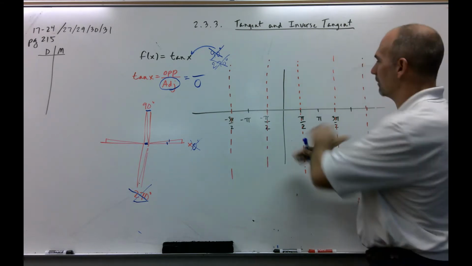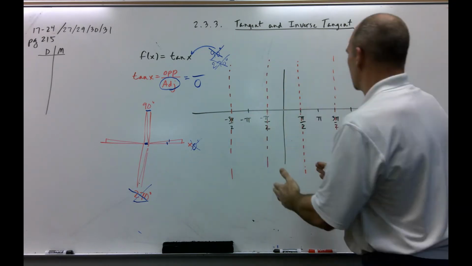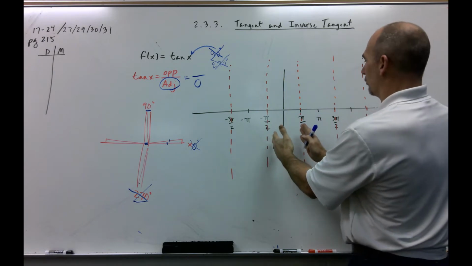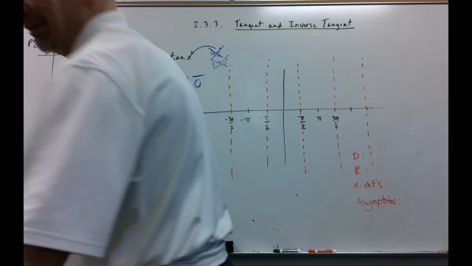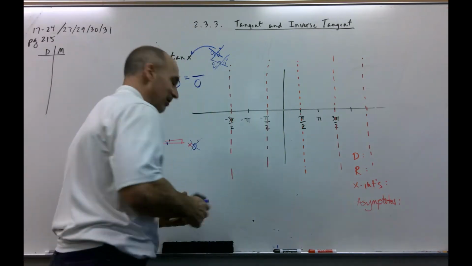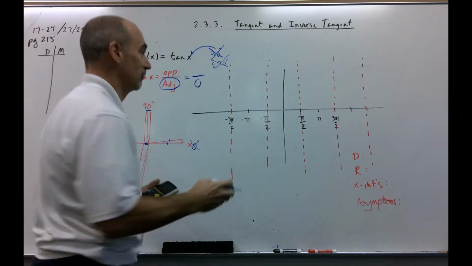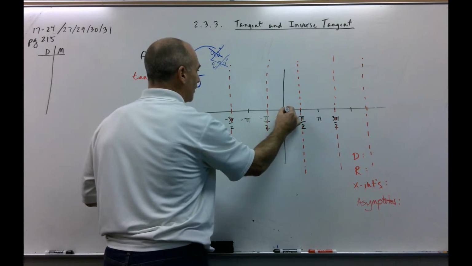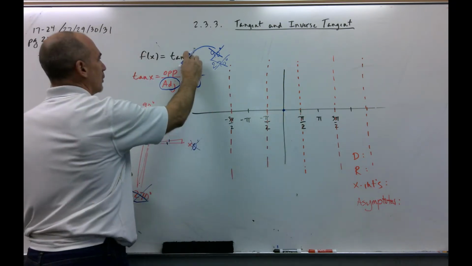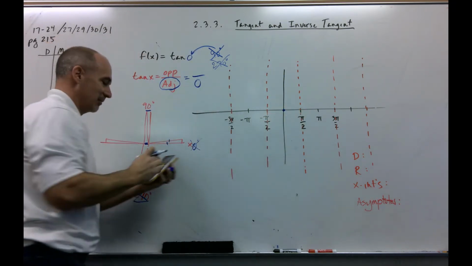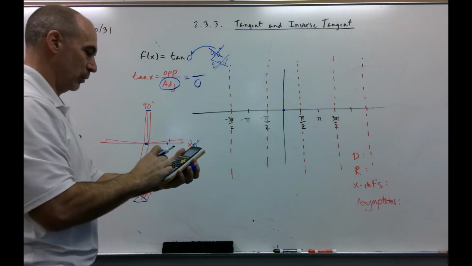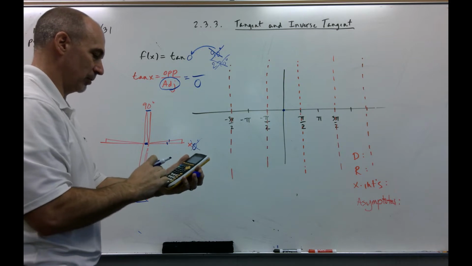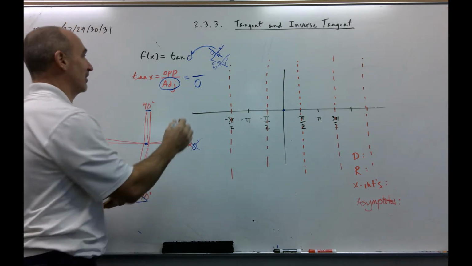Now, how do we fill in these missing pieces? I'm going to pick this window right here and start plugging some things in that identify some major points. The most obvious is, let's put 0 degrees right here and type it in. We'd take our calculator, go tangent of 0 degrees, and we'd get 0.